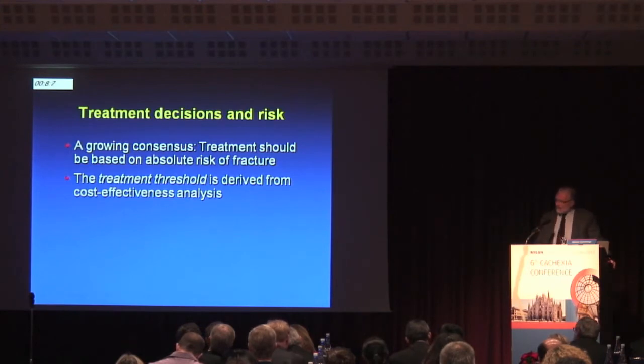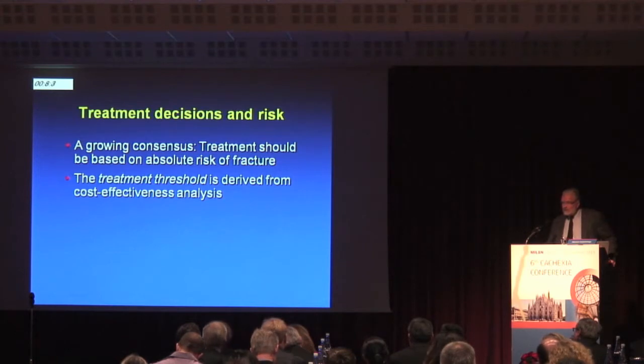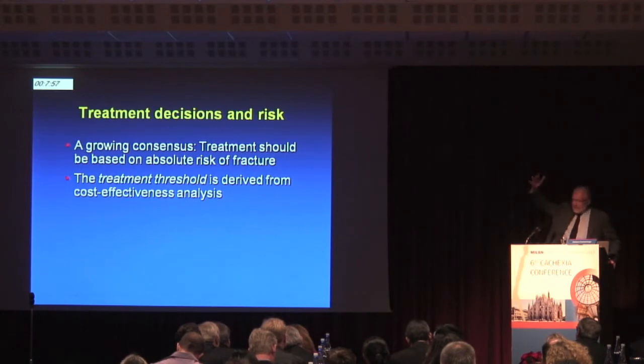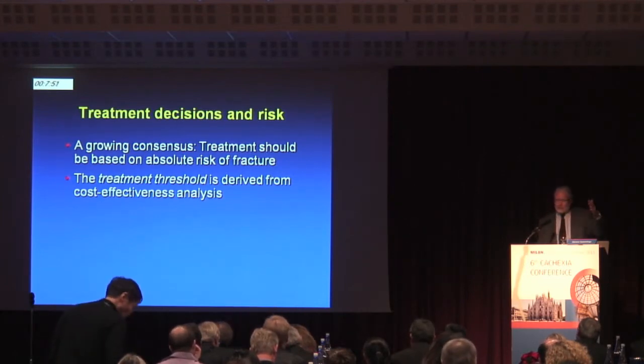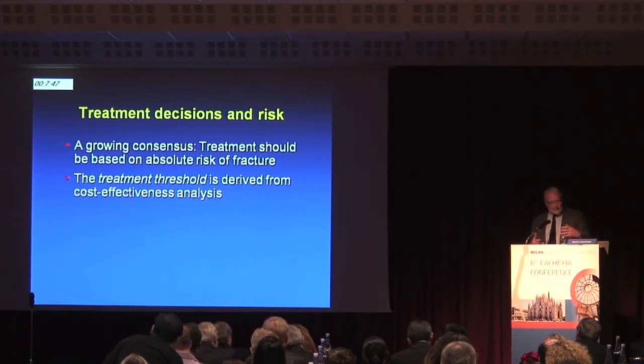And generally, those treatment thresholds are based on analyses of the cost effectiveness of the treatment. So we know that above a 20% threshold of risk, treatment is cost effective, and below that level of risk, it's not. So that's the process that the field of osteoporosis has gone through over the last 20, 25 years, and is still going through, to try to reconcile measurements of bone density and diagnoses with decisions about treatment.